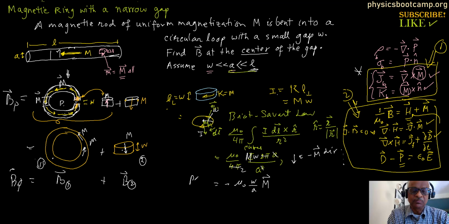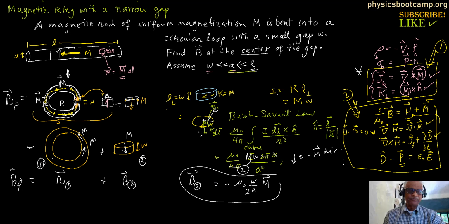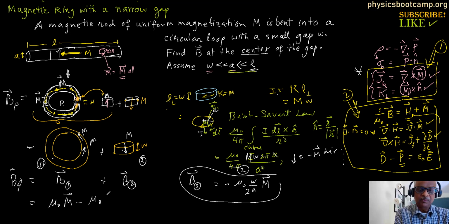So this B2 is this divided by 2. There's a 2 here. Okay, so we got the answer. This one was mu naught m, and this is mu naught w over 2a m. And you can just say mu naught m can be taken out, and it's 1 minus w over 2a.